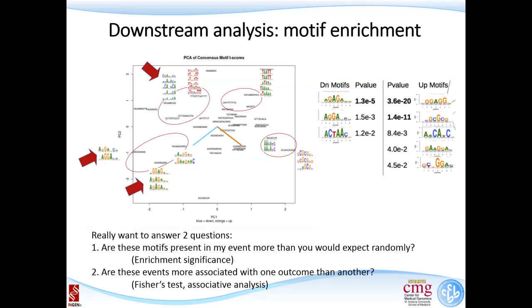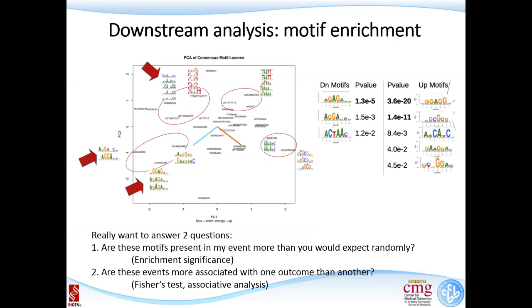The way that we do this is, again, by counting the number of times we see it in events that have the exon compared to the number of times we see it in events that don't. And we can do a Fisher's test on this table for an association p-value.